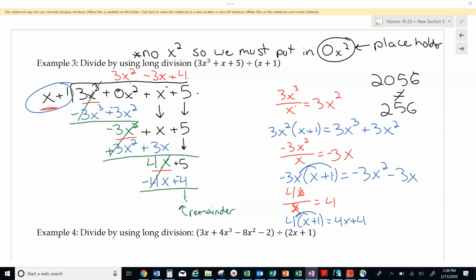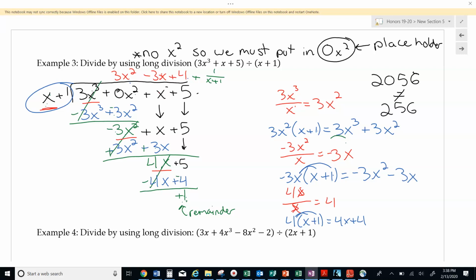How we write remainders is we add or subtract them on the end, depending if it's positive or negative. This is positive 1. So it'll be plus 1 over whatever we're dividing by. Okay? So it has a remainder of 1, or it's plus 1 over x plus 1. Okay?